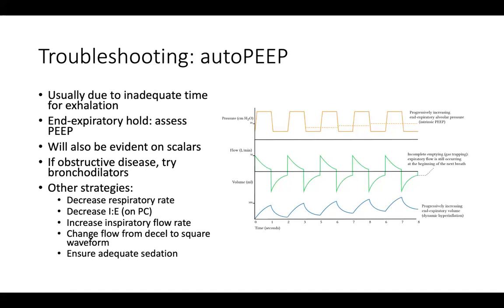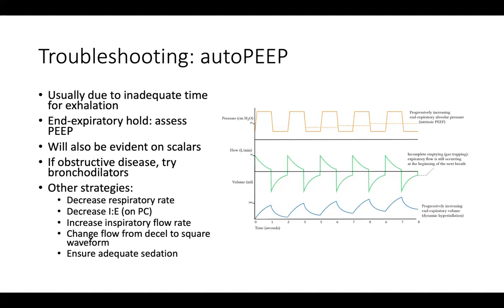On top of all of these things, you also want to be making sure that you're taking care of sedation, agitation, and pain, et cetera, the sort of things that can perhaps increase your respiratory rate. And we do want to address this because auto-PEEPing can increase the patient's work of breathing. It can increase their pressures and increase their risk of barotrauma.